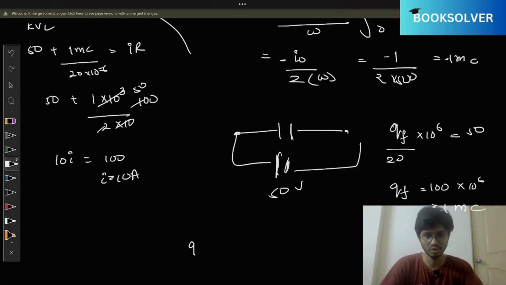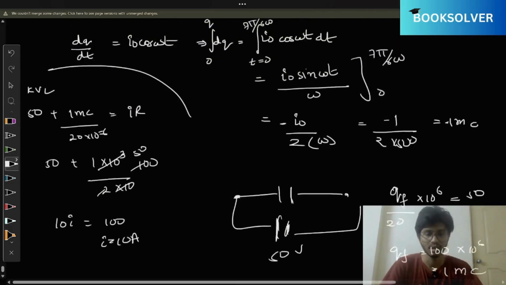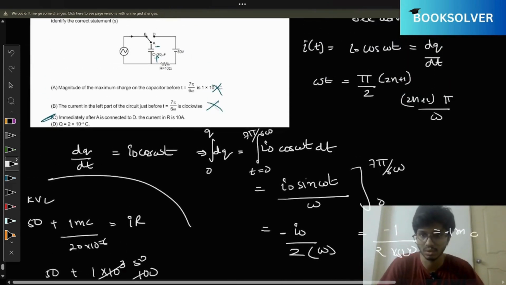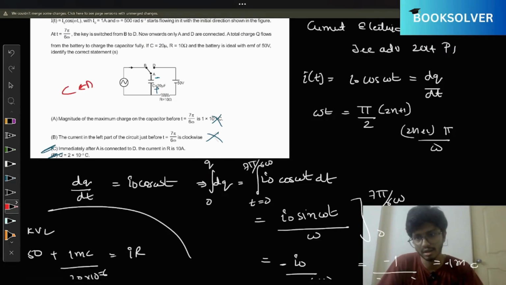So basically Q final minus Q initial, which is 1 minus of minus 1, will be equal to 2 millicoulomb. I said micro, I meant milli, it's millicoulomb. This is 2 into 10 to the power minus 3 coulomb. So option D is correct. So the correct answer to this question is options C and D.